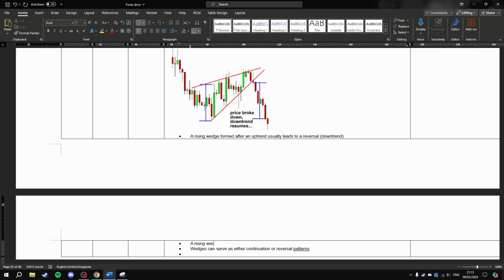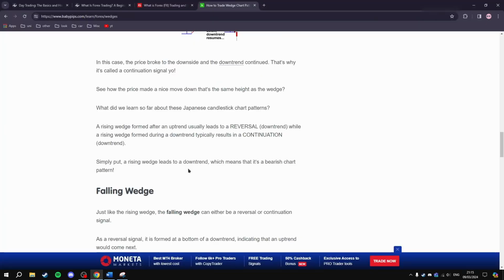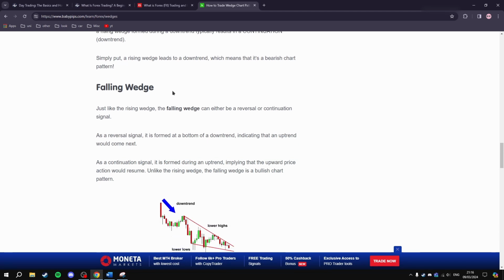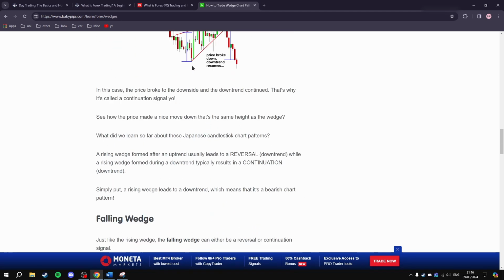A rising wedge formed after a downtrend usually leads to a continuation downtrend. Simply put, a rising wedge leads to a downtrend, either way, whether it's an uptrend or a downtrend.